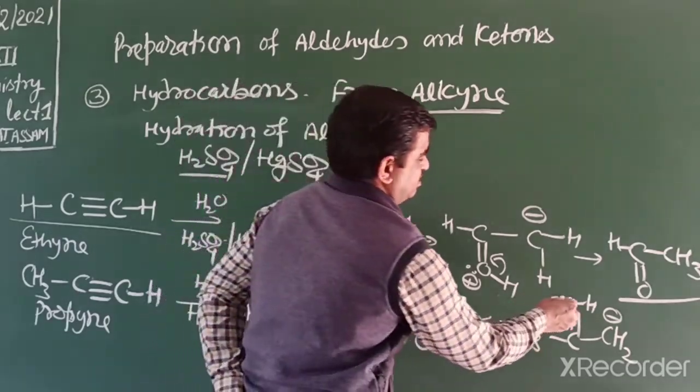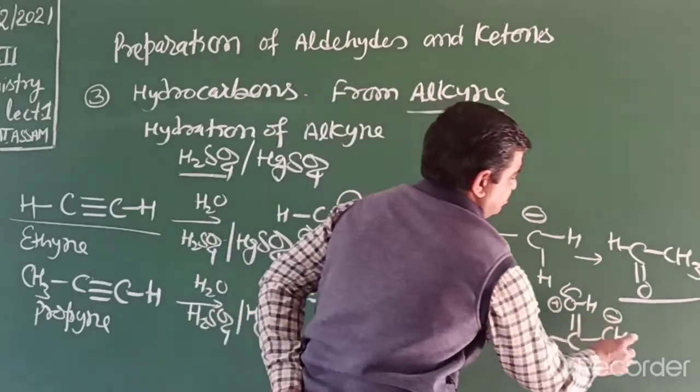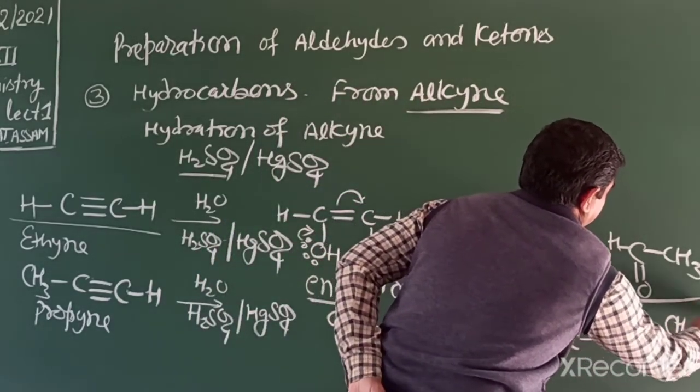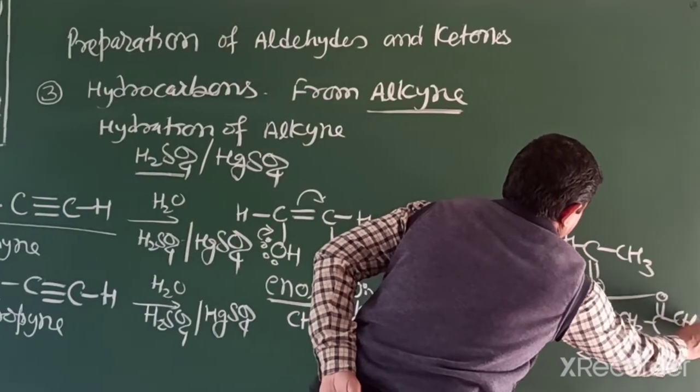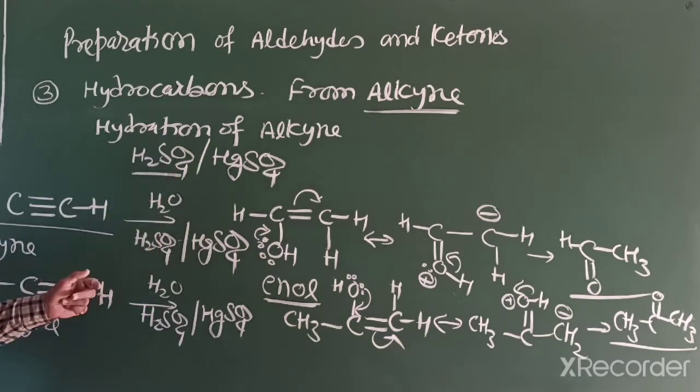Ultimately it abstracts a proton, and losing an electron the other carbon is obtained. It means we can prepare this ketone, acetone. It means this is a very important reaction for the preparation of aldehyde as well as ketone.